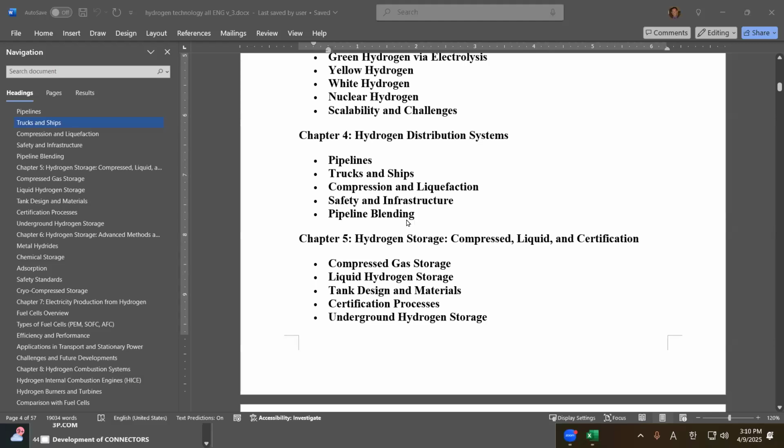Blending can combine CNG and hydrogen gas together to save cost. The installation of a pipeline only for hydrogen gas is very costly. So anyhow, today we will mainly cover the hydrogen pipeline for hydrogen gas.